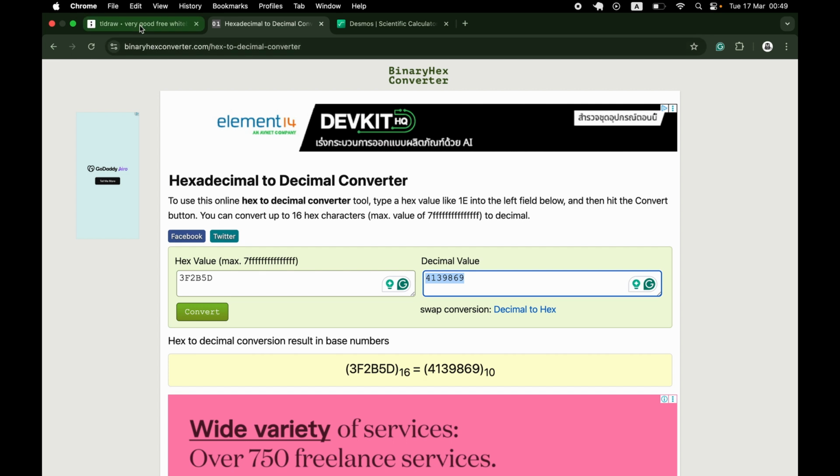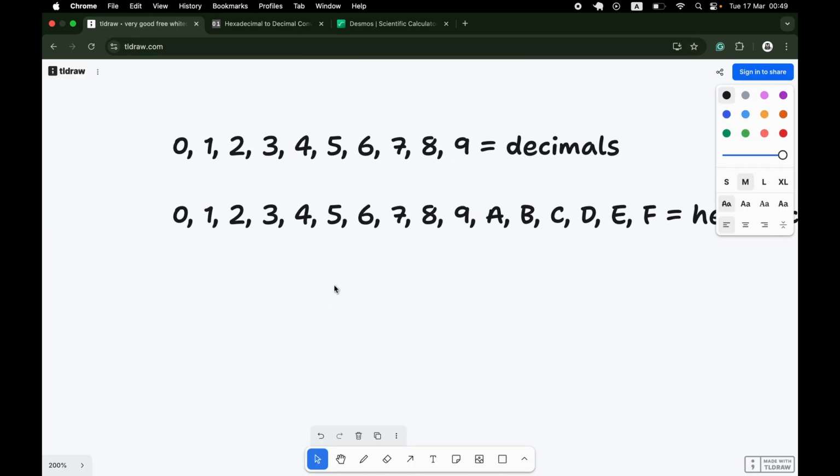So how do we get that value? Let me spread this number out, separating each digit.